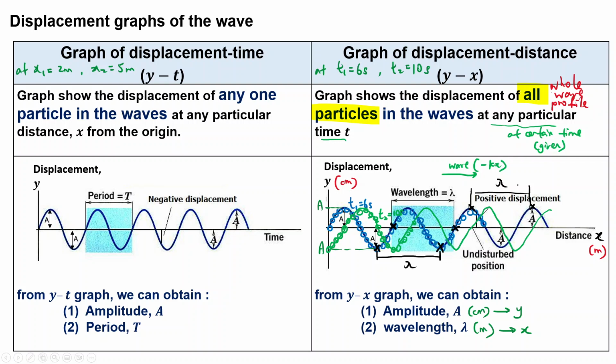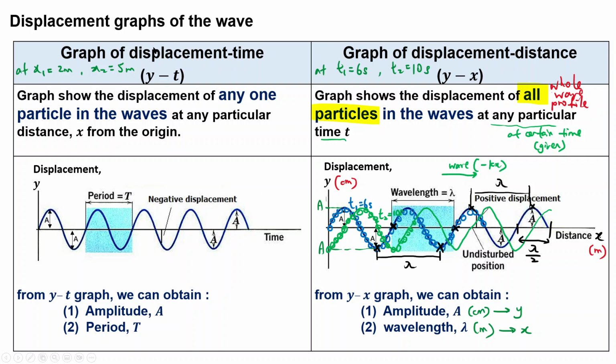Right, class? Or from here to here, this is considered as half wavelength, because you can see the whole wave profile. The wave is erased now. Okay, then what about this one?